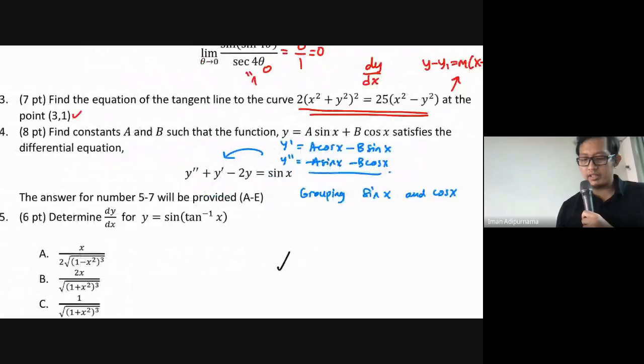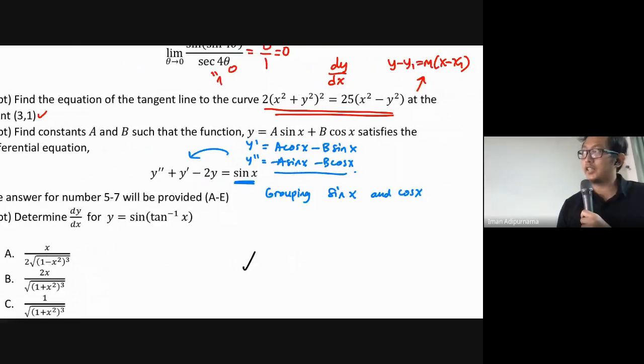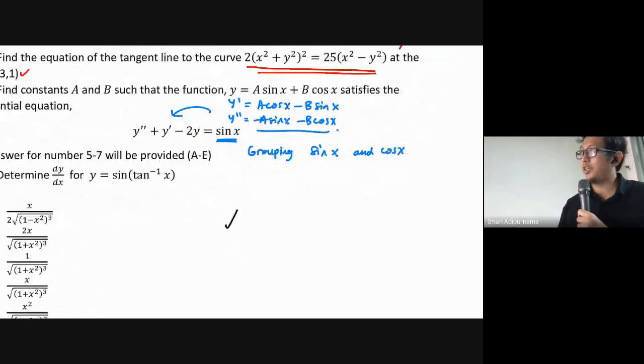Because there is no cos x on the right side, all the cos x terms become 0, and all the sine x terms become the constant, and you will get a and b from substitution and elimination.